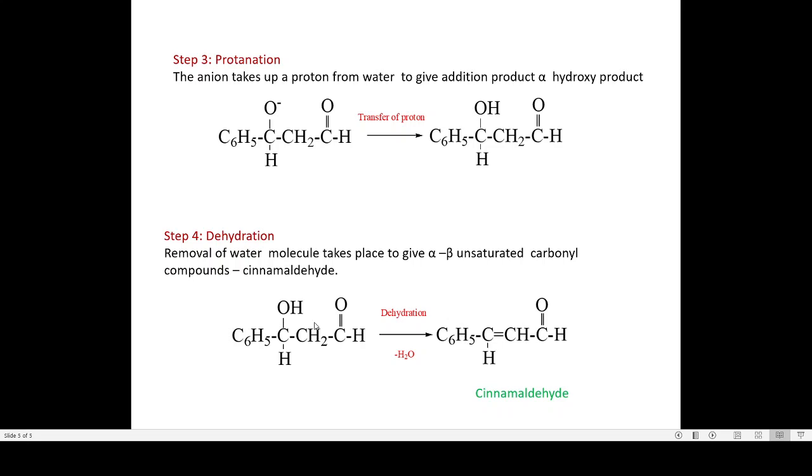This results in unsaturation at the alpha beta position, and we get an alpha beta unsaturated carbonyl compound, and here the product is cinnamaldehyde.